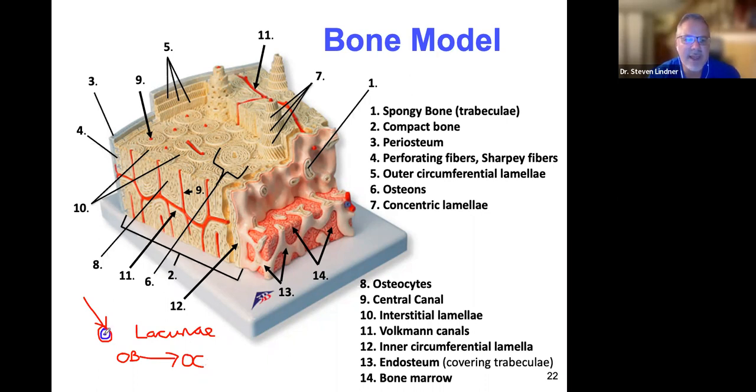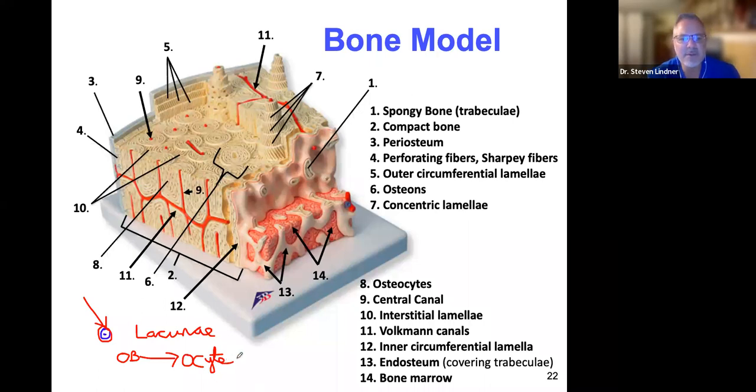So it's an osteoblast first, produces the matrix, then it's going to calcify and ossify, all that matrix is going to harden, and the osteoblast gets trapped in a lacuna. Now it's not an osteoblast anymore. It's actually called an osteocyte. I just call it an ocyte for abbreviation, but it's an osteocyte.